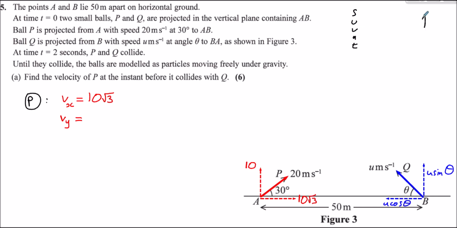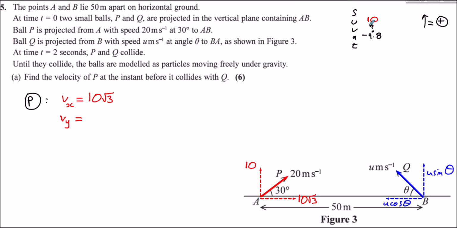I'll take the up direction to be positive because it's going in an up direction to begin with. So the acceleration is going to be minus 9.8, in other words, gravity acting opposite to what I've defined to be the positive direction. The initial speed going upwards, of course, is 10. I want to find out the final speed, so I do want to know v, and I put a question mark there.